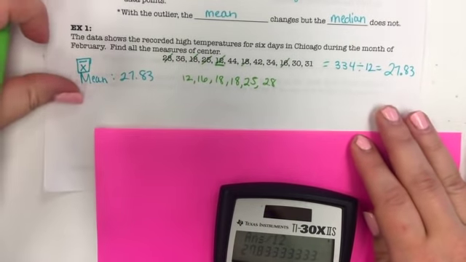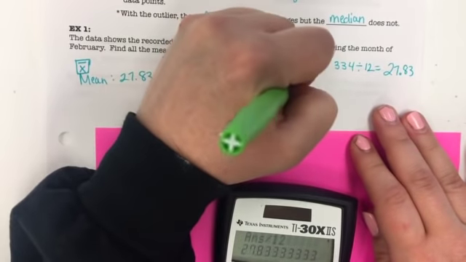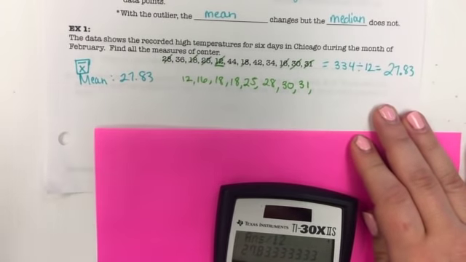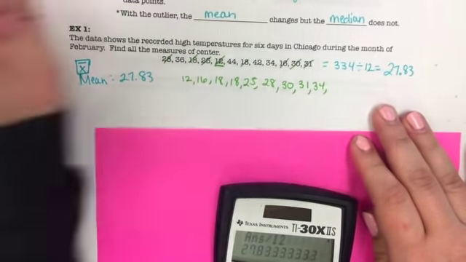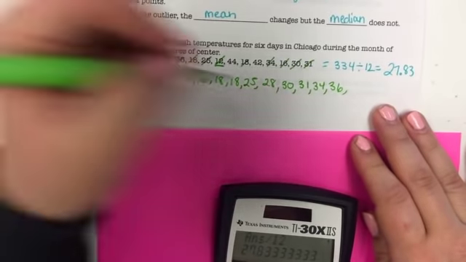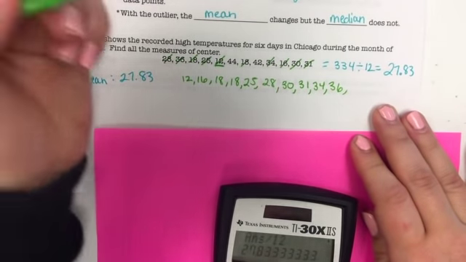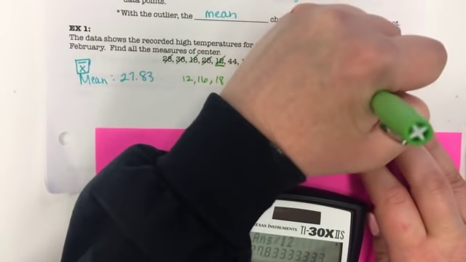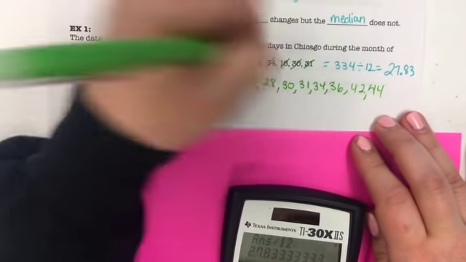Cross it out. Next we're going to have 30. Cross it out. 31. Cross it out. 34. Cross it out. 36. Cross it out. 42, cross it out, and then lastly but not least, 44.